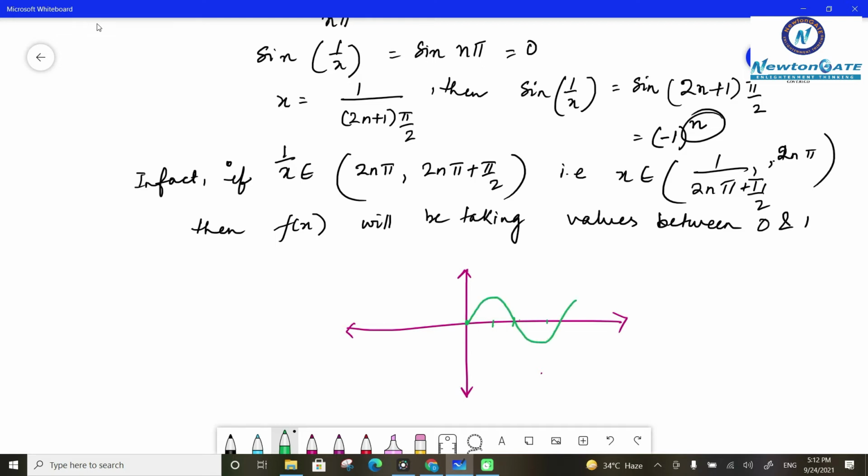It's an oscillating function. This is your minus 1, this is your plus 1, and this is your minus 1. So your function will look something like this. Even though I am taking a very close neighborhood, I can see that it is fluctuating a lot between the values.